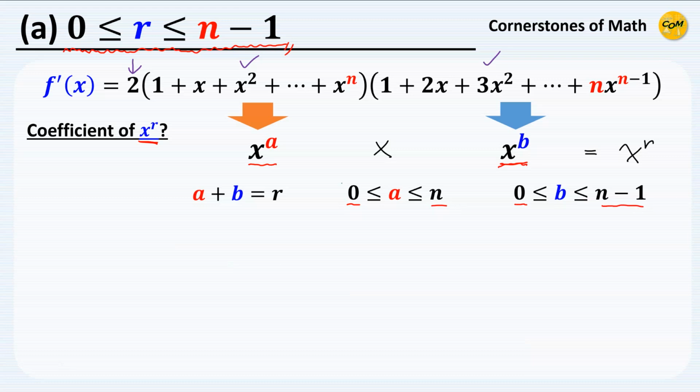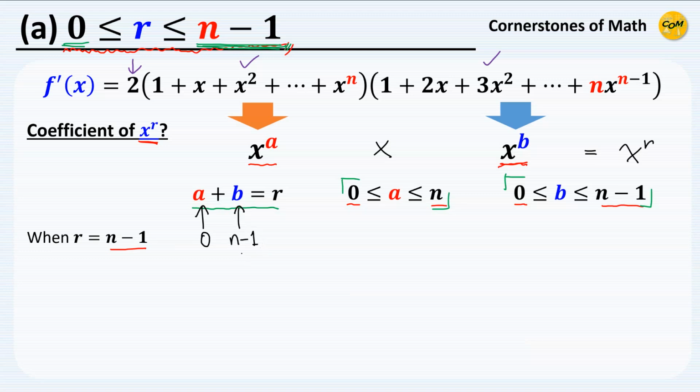But a and b cannot have every integer value in these respective intervals, because we need to consider the constraints a + b = r, and r is from 0 to n minus 1. However, even in the case where r has the greatest possible value of n minus 1, you can easily notice that a can have the smallest possible value of 0, since b can have the value of n minus 1.